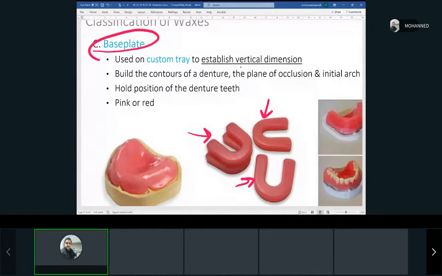Well, not custom trays, it should be partial dentures, because custom trays are the ones that we take impressions with. I will find a better word for that. Don't worry about custom trays. You use it to establish the vertical dimension.